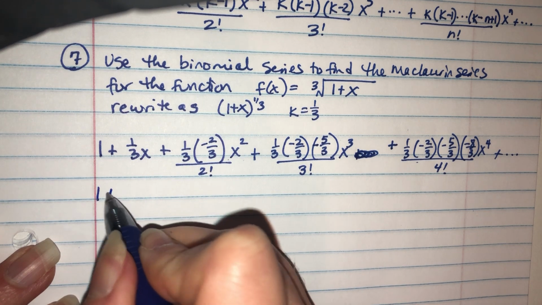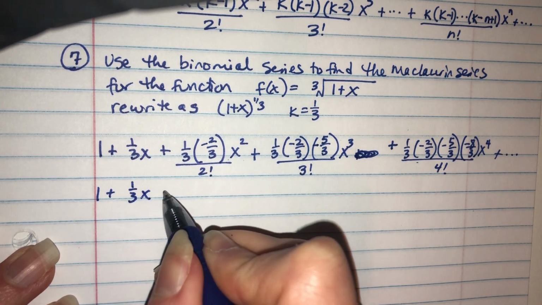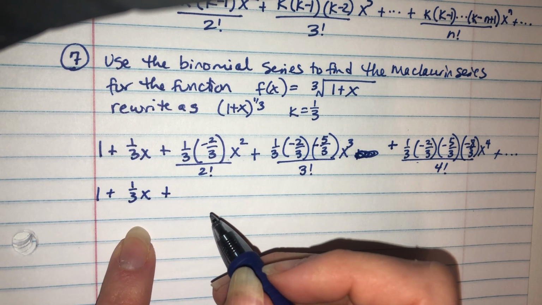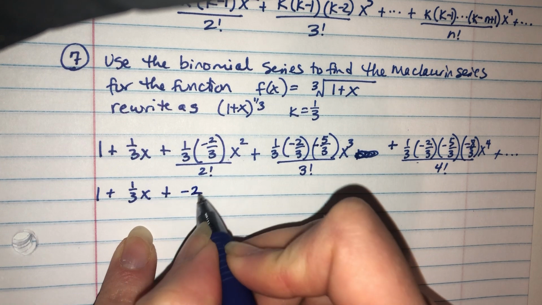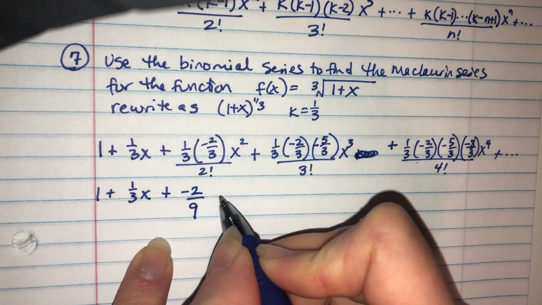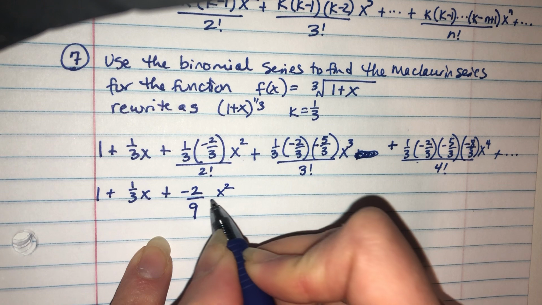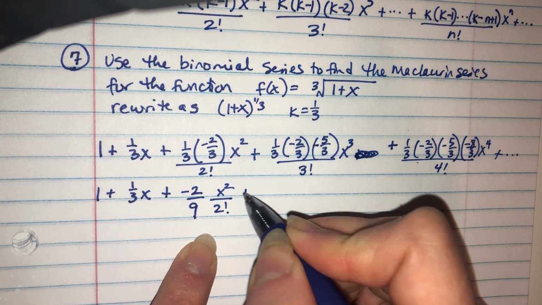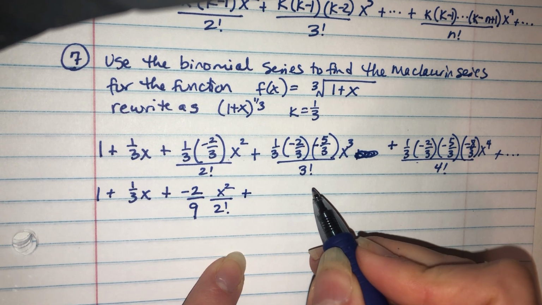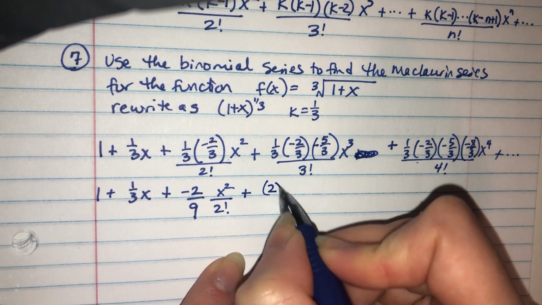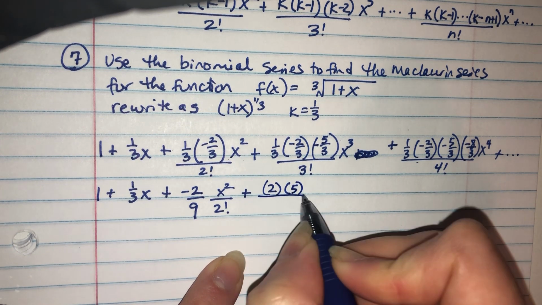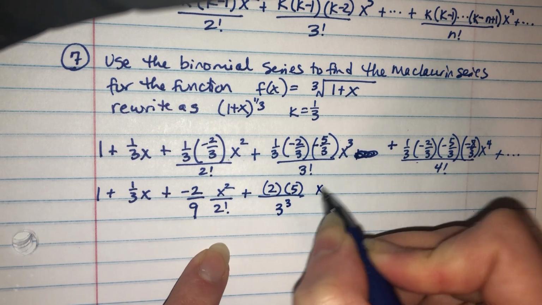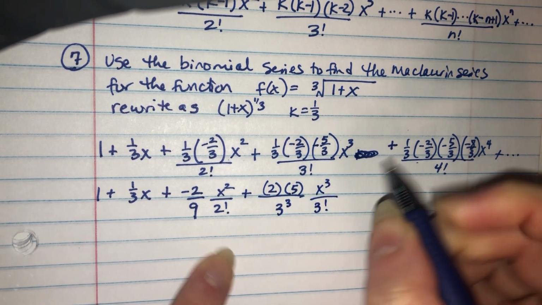So 1 plus 1/3 x plus negative 2/9 x squared over 2 factorial plus, the next one is going to be 2 times 5 over, this was 3 squared, this is 3 cubed, x cubed over 3 factorial.